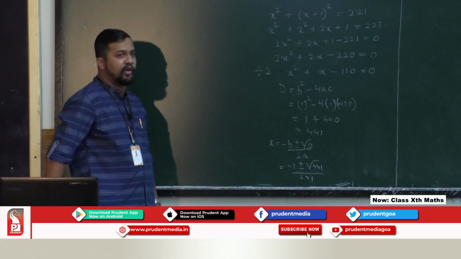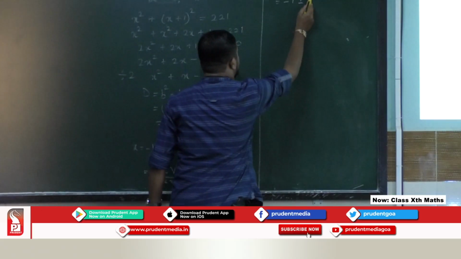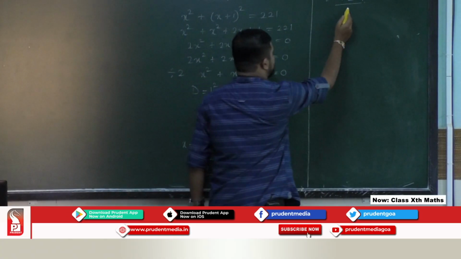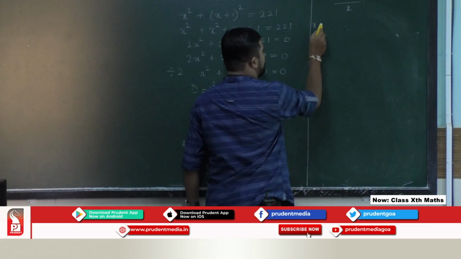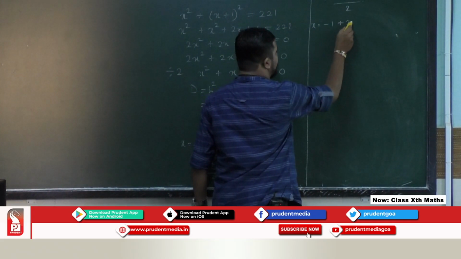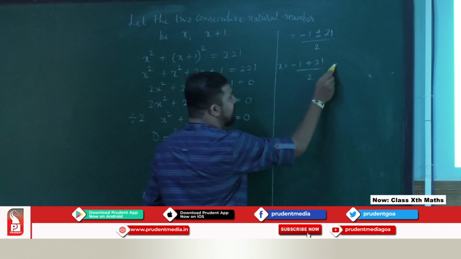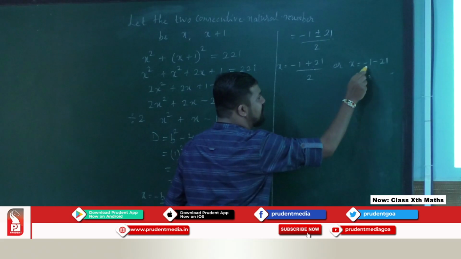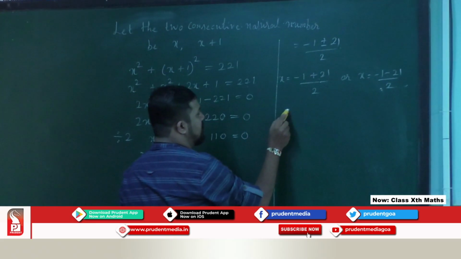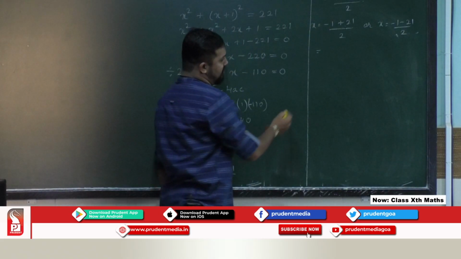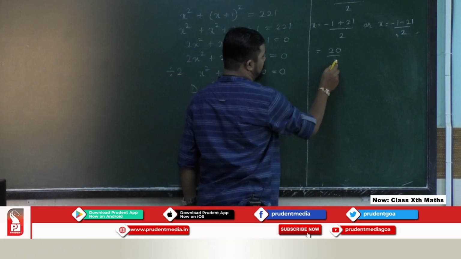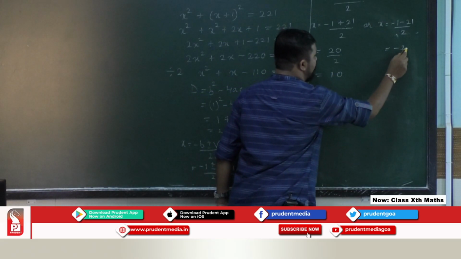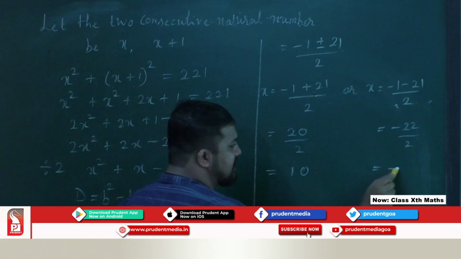So the square root of 441 is 21. So x equals negative 1 plus 21 upon 2, or negative 1 minus 21 upon 2. 21 minus 1 is 20, by 2 is 10. And negative 22 by 2 is minus 11.